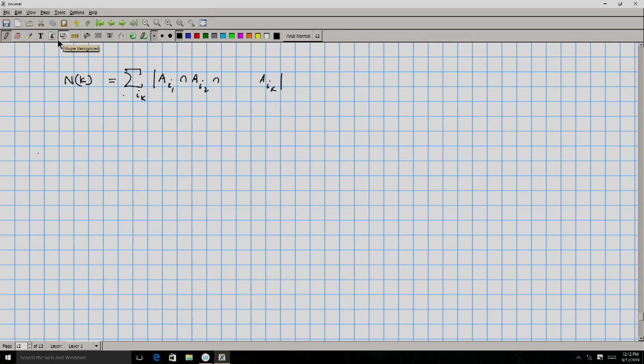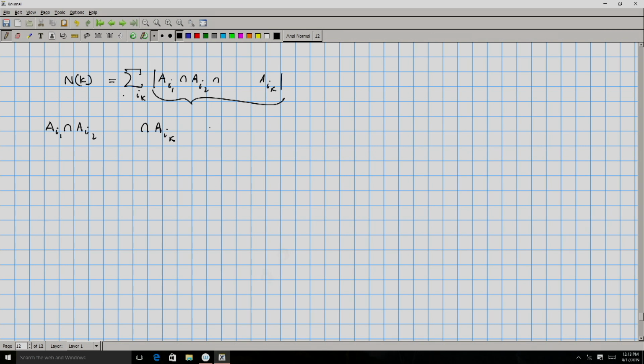So, NK denotes the number of ways of placing rooks. Look at the inner term AI1 intersection AI2 intersection AIK.